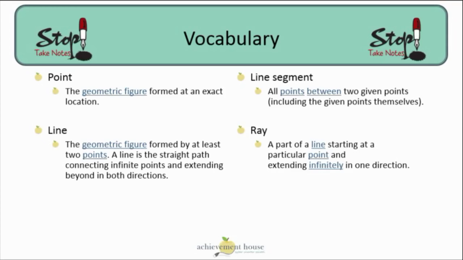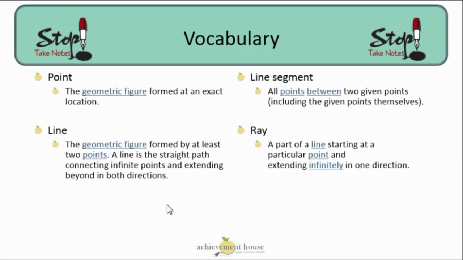If two lines intersect, we'll get into that a little bit later in the quarter, then they form a point. So a point is a specific location. A line is a geometric figure formed by at least two points, and usually it's an infinite, countless number of points that make up a line, and they connect from one to another. That's at least 2 points.